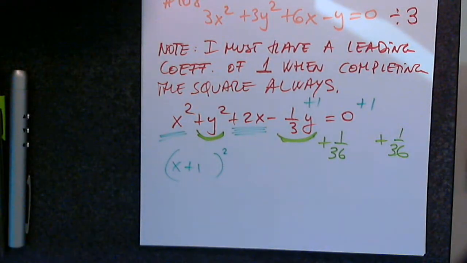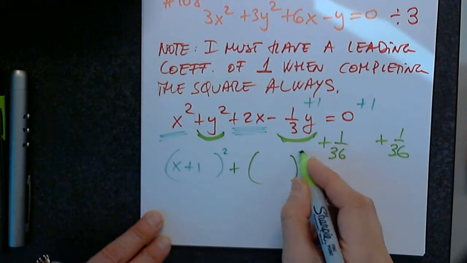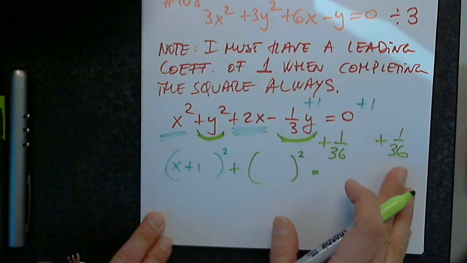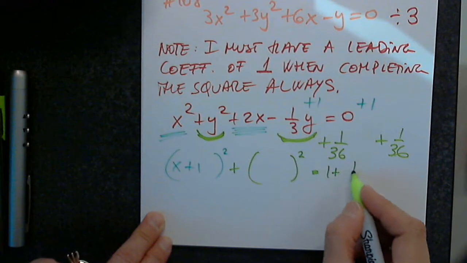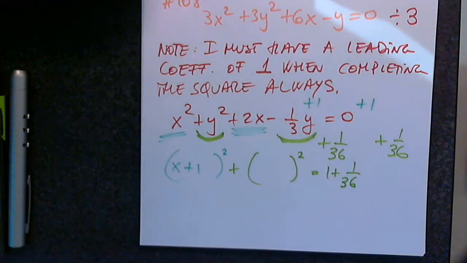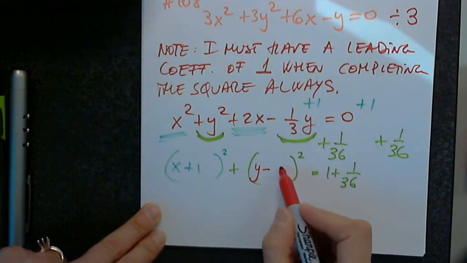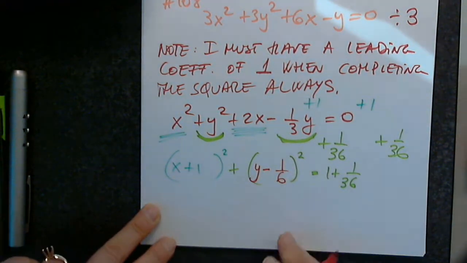Very good. So then plus, I have something squared. And then on the other side, I have 1 plus 1 over 36. So what is the completed square for y? Y minus 1 over 6.